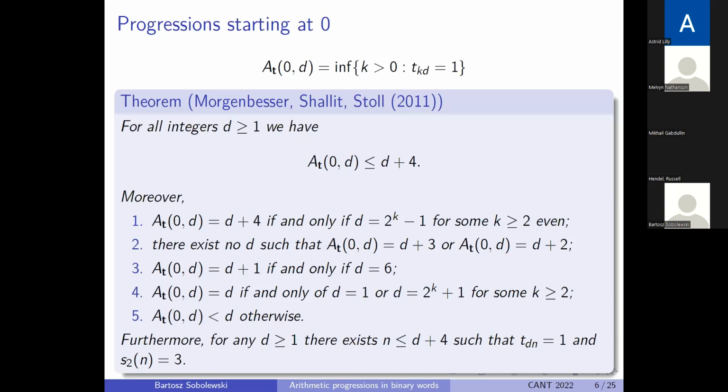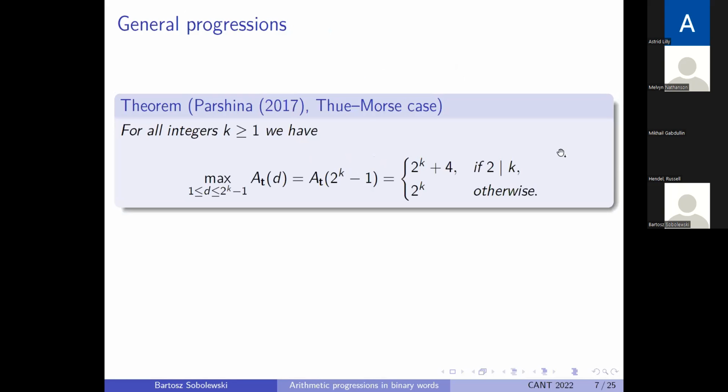So moving on to general progressions. So now we do not restrict our attention to progressions starting at 0. You have a theorem of Parshina, which again is a bit more general than the one I am showing. This is the case of the Thue-Morse sequence.